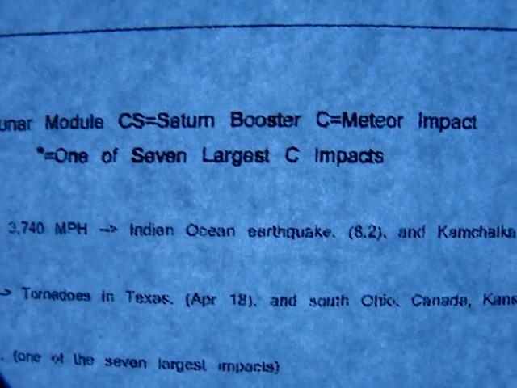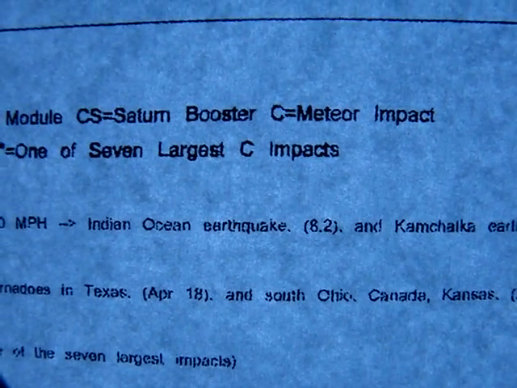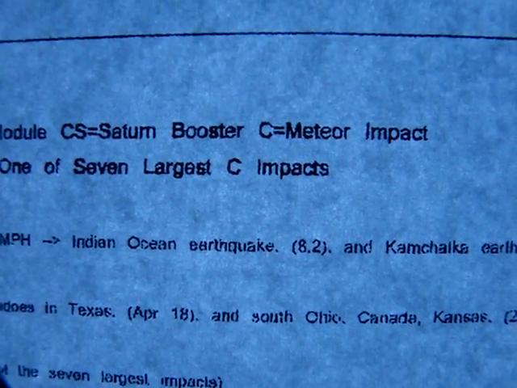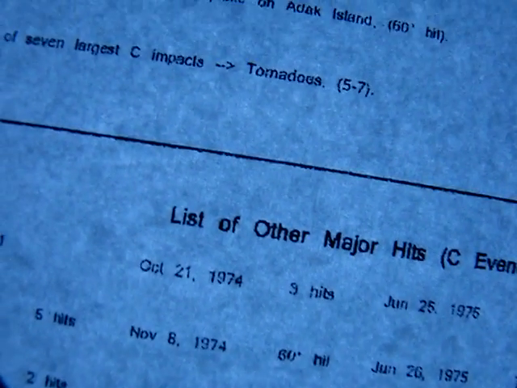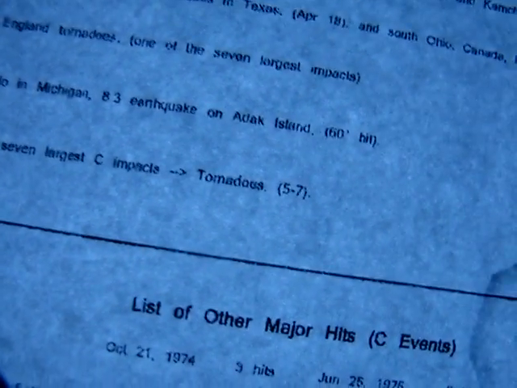Star equals one of 7 largest impacts. C is a meteorite impact. Here's some more 60-degree hits. July 31, 1972.